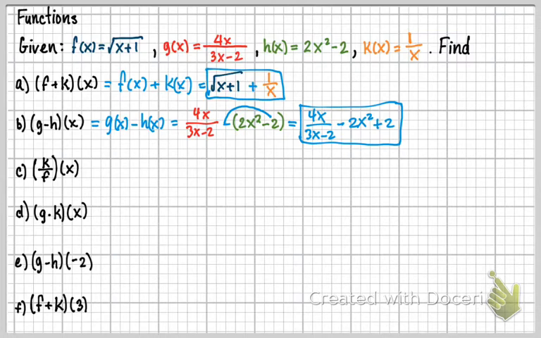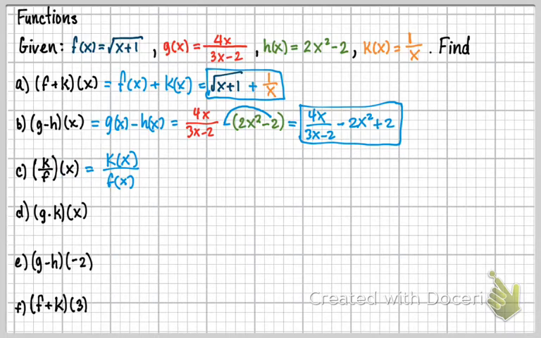So now let's try C here. So for C, again, this notation here tells me I'm dividing. So this is going to be k of x over f of x. Now again, just keep in mind that is not a multiplication of x there.